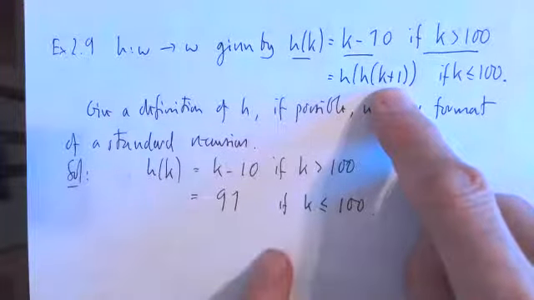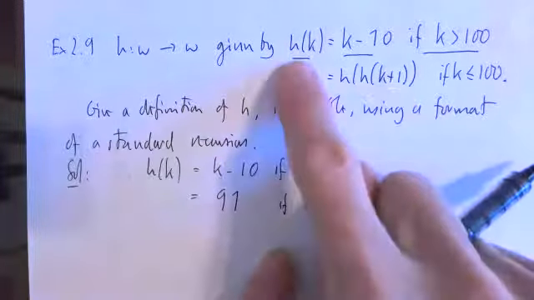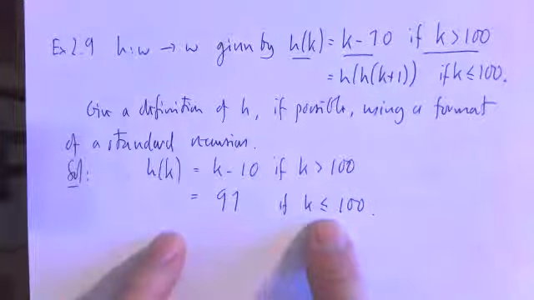If you carry on with this reasoning, you look at h of 99 and see this also has to be 91, and the same for 98.